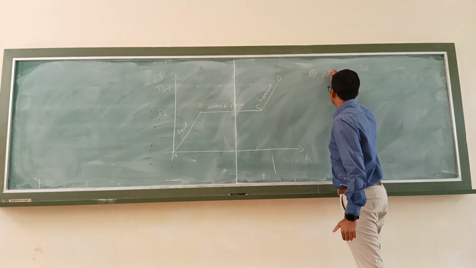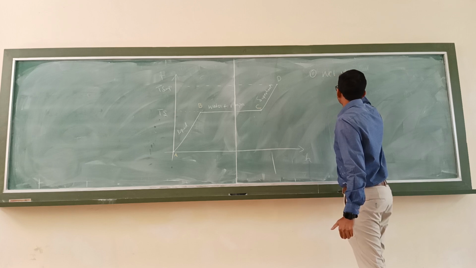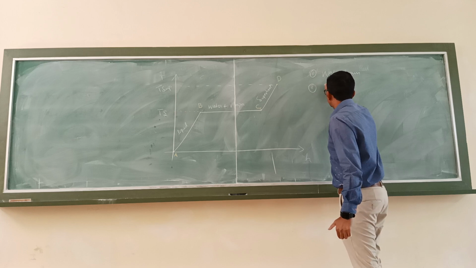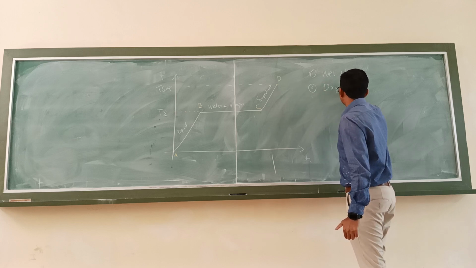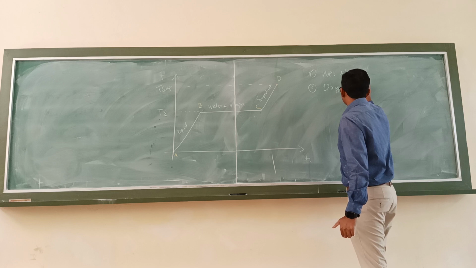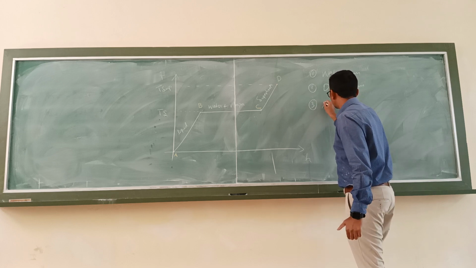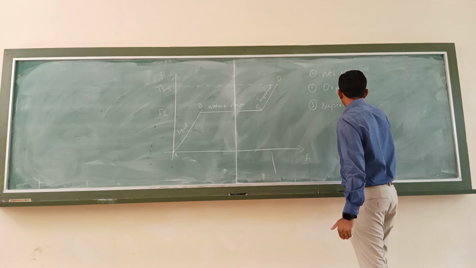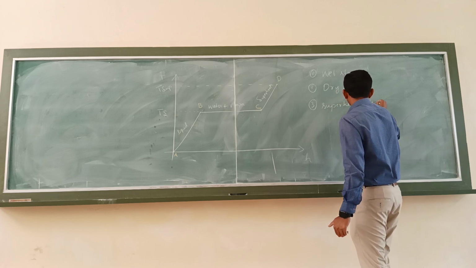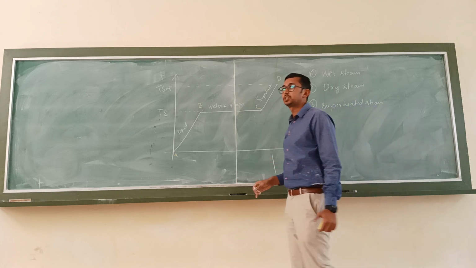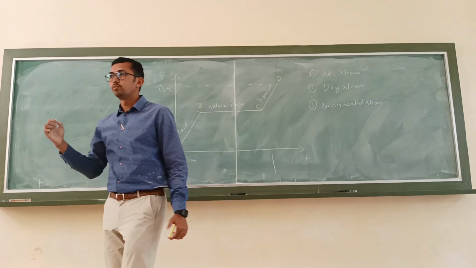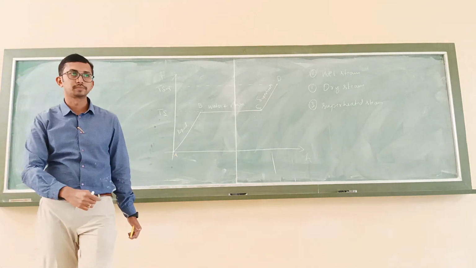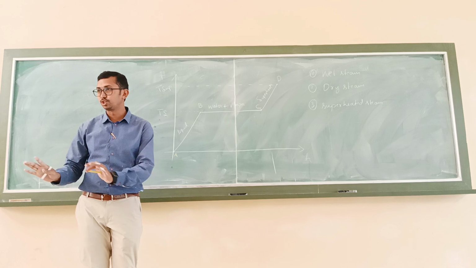The first one is wet steam, the second one is dry steam, and the third one is superheated steam. You should know the meaning of wet steam, the meaning of dry steam, and the meaning of superheated steam. Can anyone tell me what it is without looking into the book?